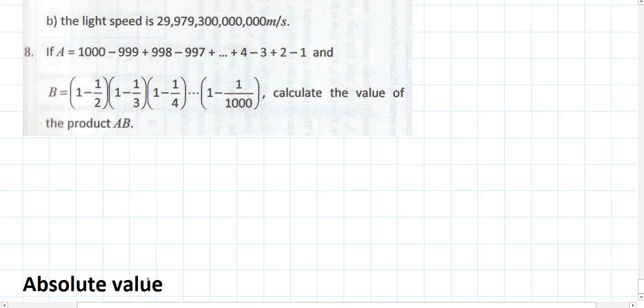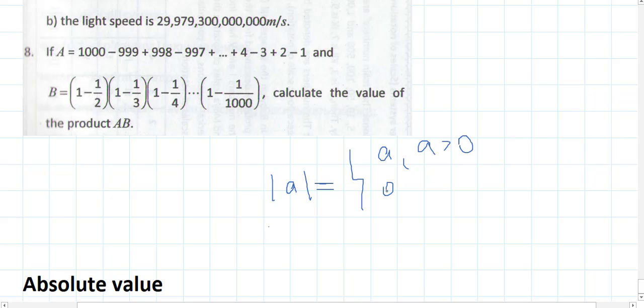Okay, now the next section is absolute value. So what is absolute value? Let me write a definition of absolute value. So the absolute value of A is A if A is greater than 0.